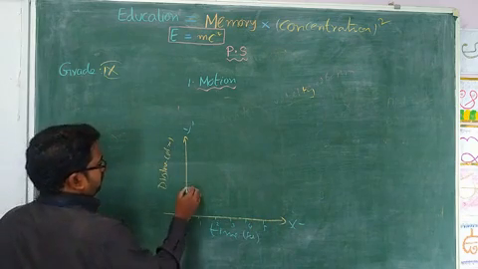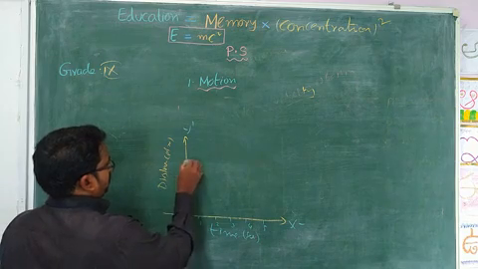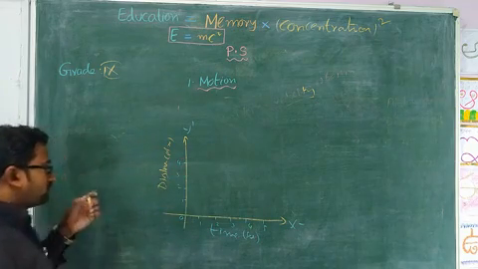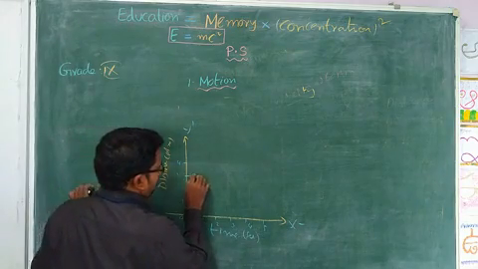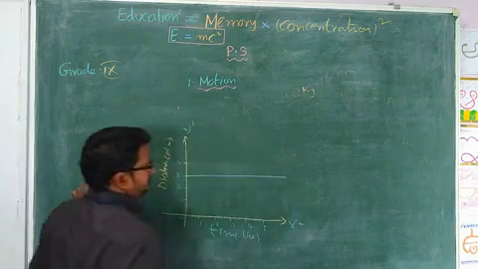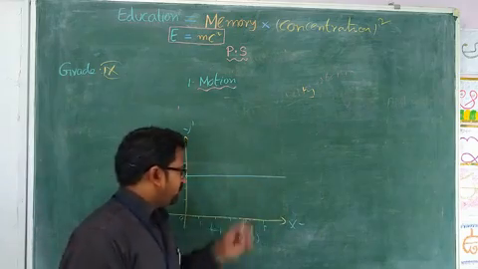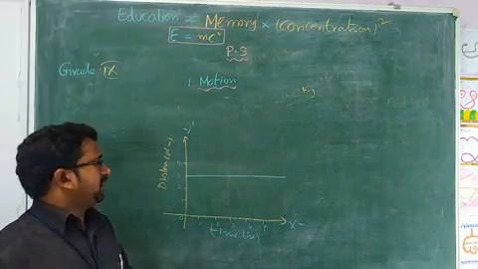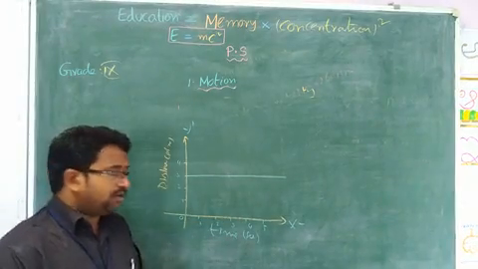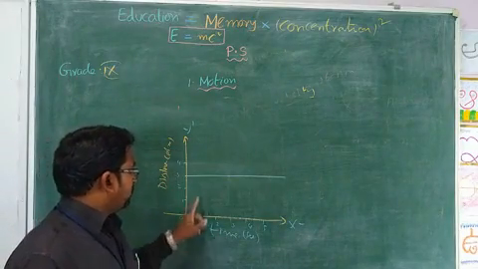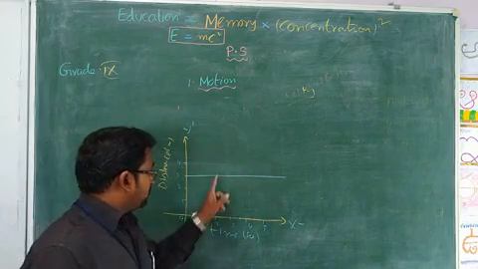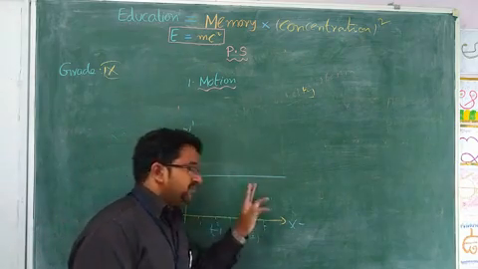Now the graph is represented like this. Comment on the position or the nature of the particular object. For 0 second, 3 meters. For 1 second, 3 meters. For 2 seconds, 3 meters. For 3 seconds, 3 meters. From this, what can you say?